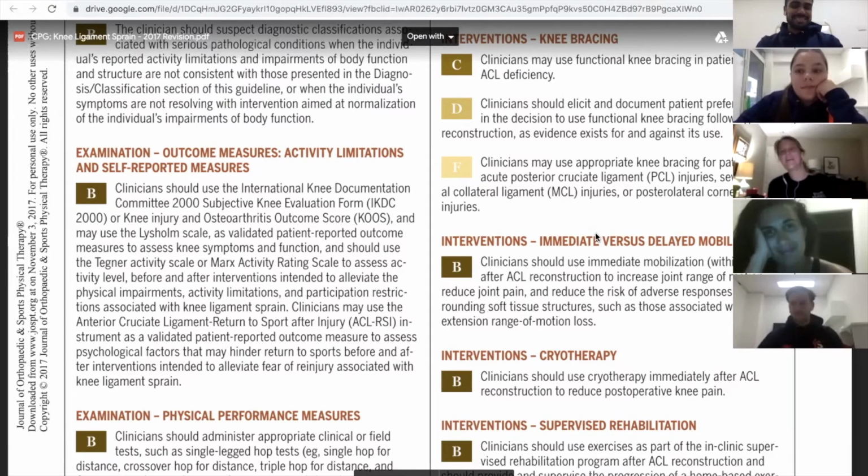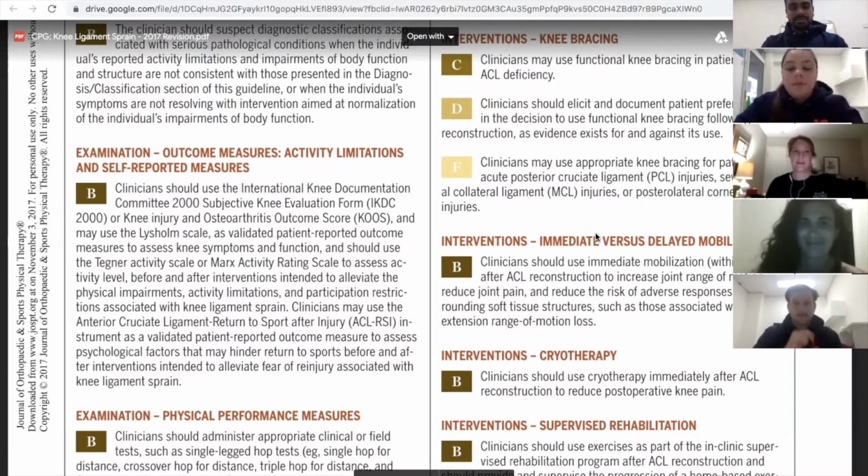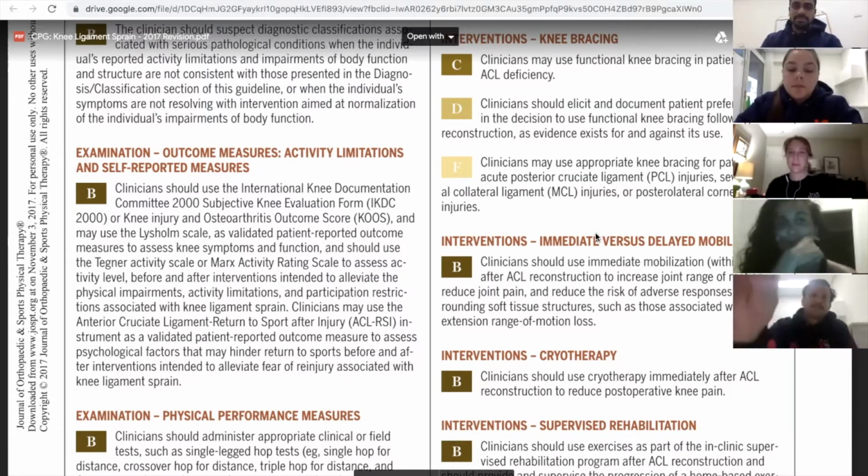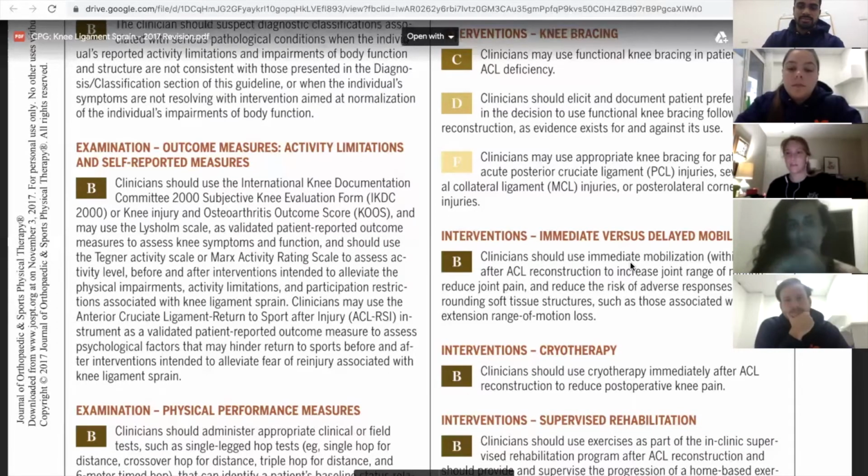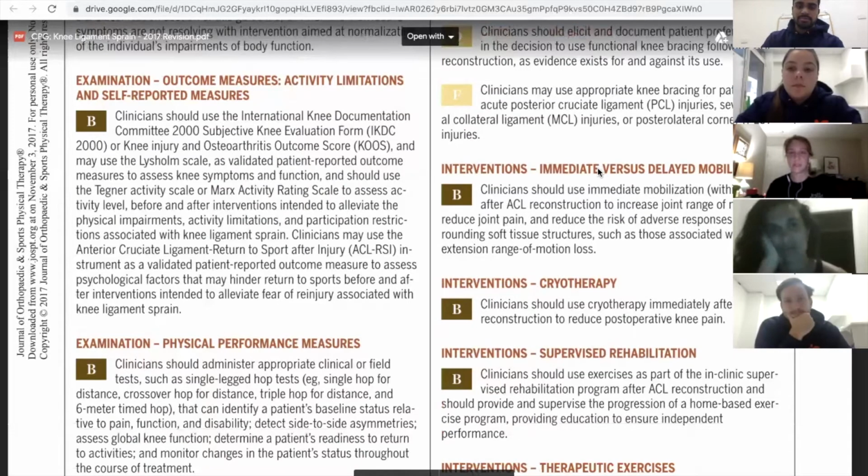So basically, there are pros and cons, but essentially bracing for an ACL post-op really doesn't make any difference on re-injury rate. That's why I think they say the patient preference thing, because some patients are going to feel safer in a brace regardless of whether it actually makes them safer.